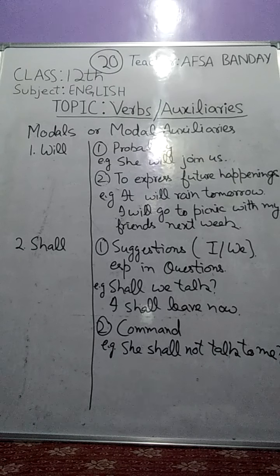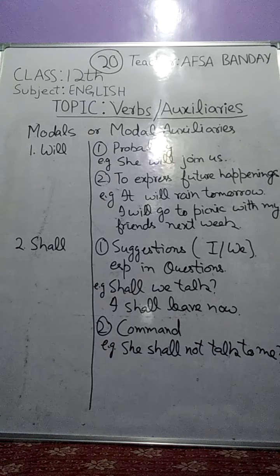Then the next modal, that is shall. Its first use is for suggestions, and in case of suggestions especially, we use it with first person pronouns I and we, and especially in questions, like we say shall we talk, or shall I leave, or I shall leave now, etc. Number two, for commands, like we can say I shall not talk to him, or she shall not talk to me.